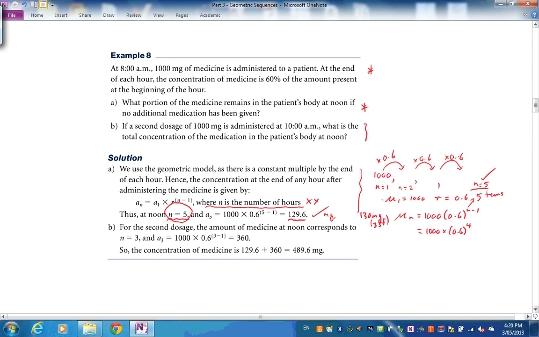So the idea here, the second dosage there is going to be another 1,000, and noon here then for the second dosage, at 10 a.m., so that is our n equals 1 then. Noon is actually n equals 3, and there's going to be 2 hours worth of decline, if you like.